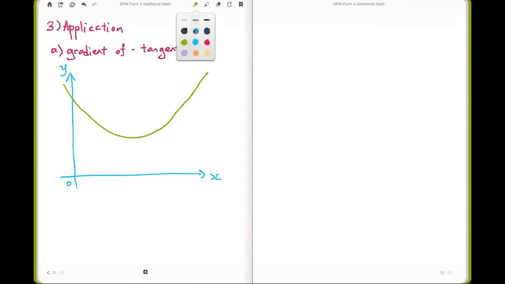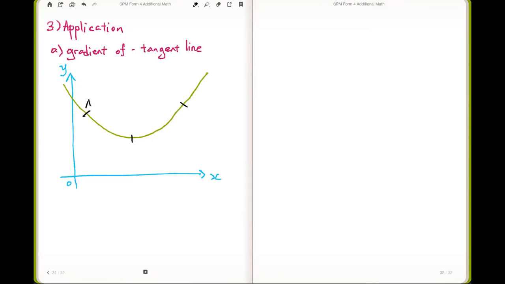In my previous video, I showed you what dy dx means, so here I'm going to use it. Up to this moment, differentiation is all about gradient: the general equation, and the gradient at different points.